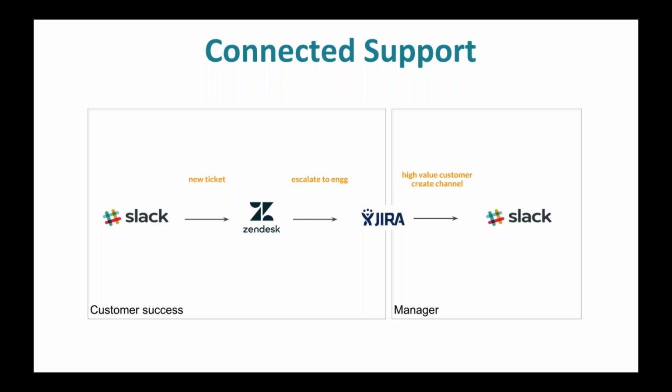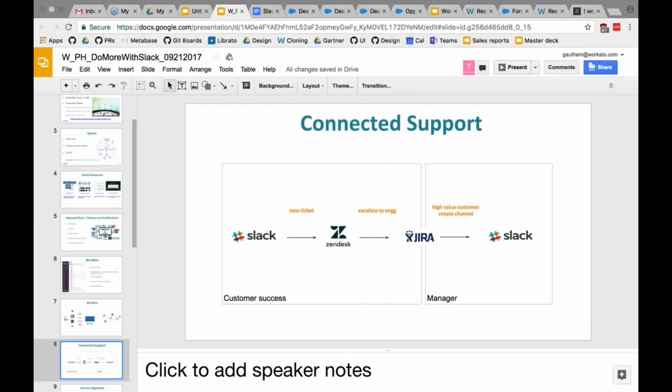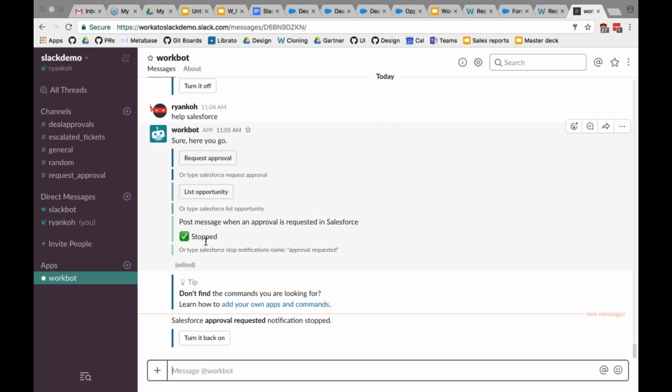A high-value customer could also be someone with a big pending opportunity. If that is the case, the escalation manager gets involved and fast-tracks that ticket to make sure it goes all the way to completion. That's the scenario we're going to look at. Let me know if that makes sense. I hope everyone's able to see my screen.